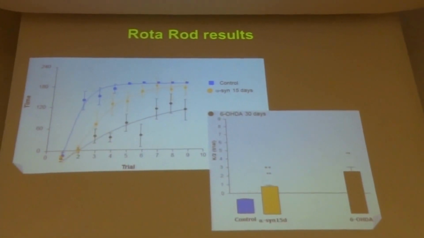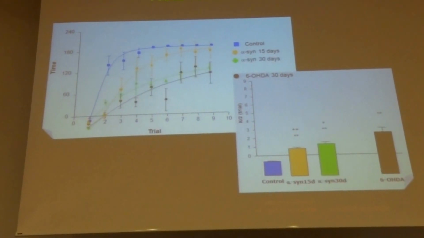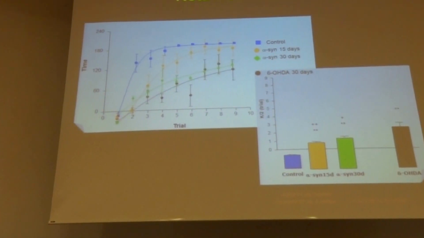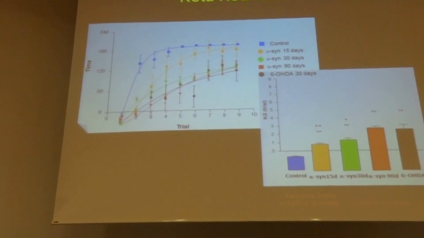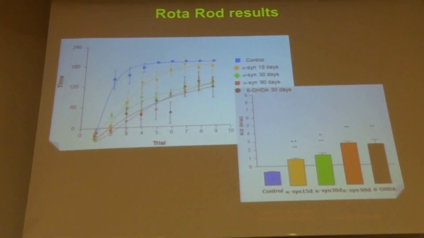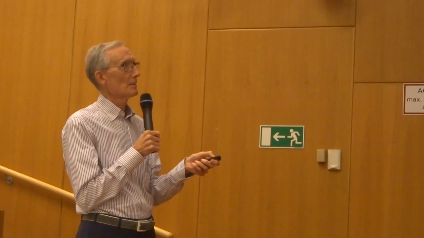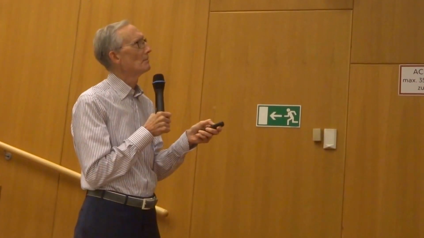This is after 15 days, 30 days, and 90 days. So the effect, even though we have a loss of dopaminergic cells after already 3 days, very quick, and no more, the pathology neurologically develops much more slowly, which is more akin to what you see in Parkinson's disease.